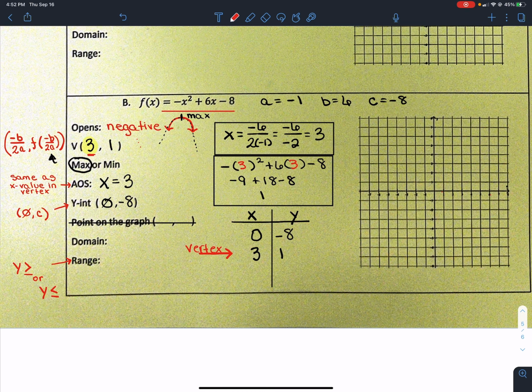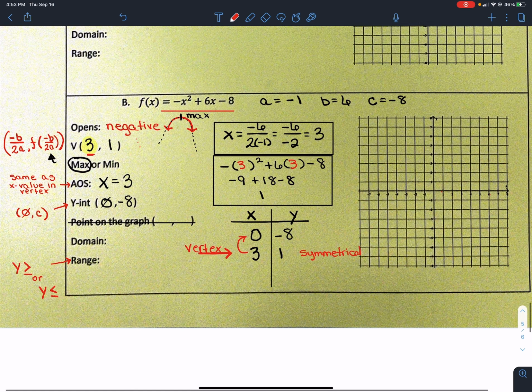Please remember that the vertex causes symmetry. That means whatever is happening on the left side of the axis of symmetry is also happening on the right side of the axis of symmetry. So what I mean by that is, from the vertex, how did I get from 3 to 0? Well, I would have subtracted 3.